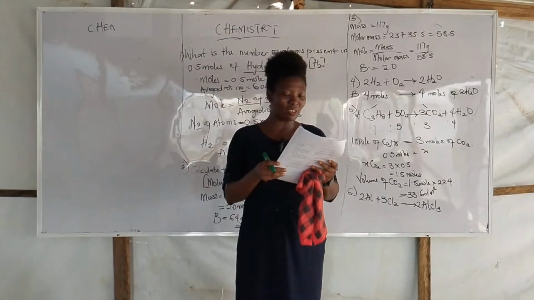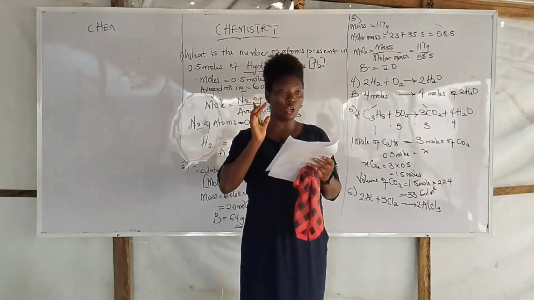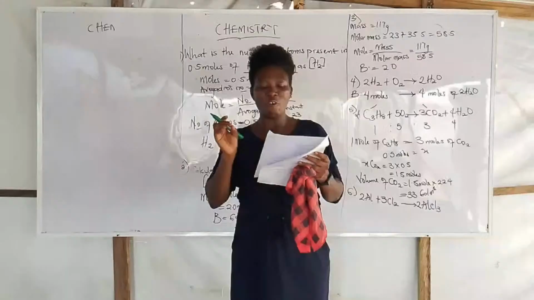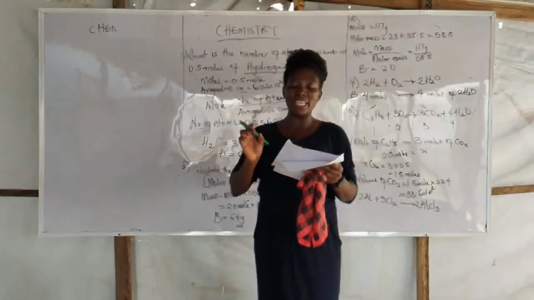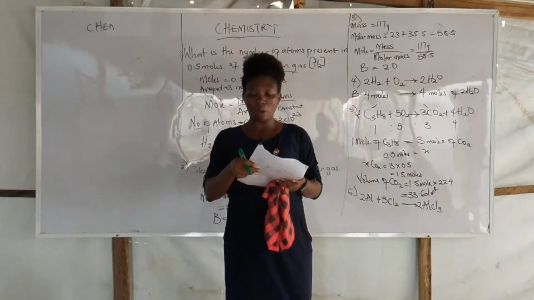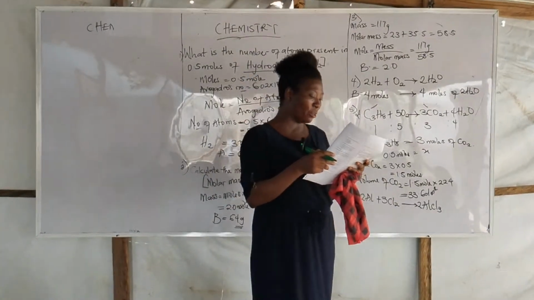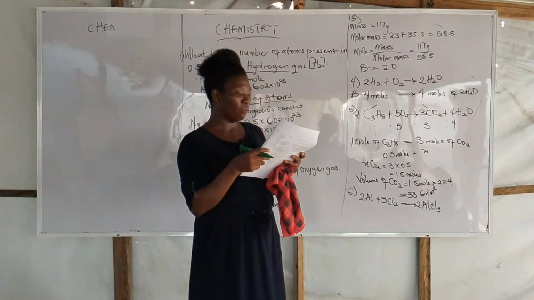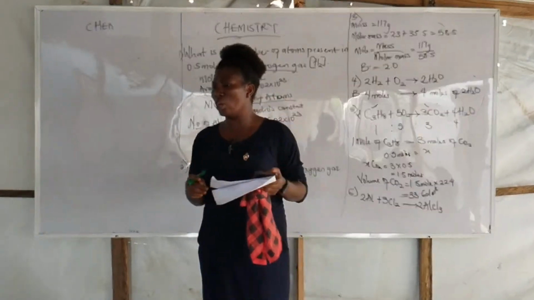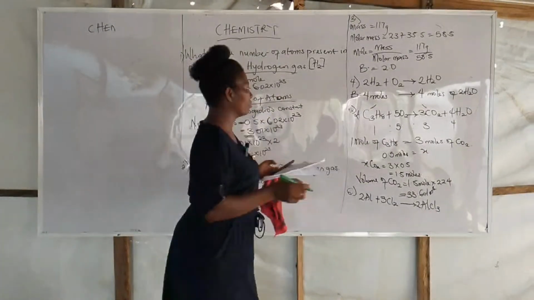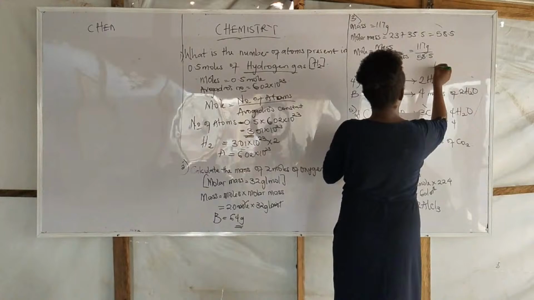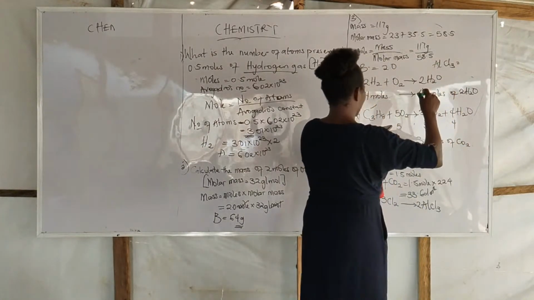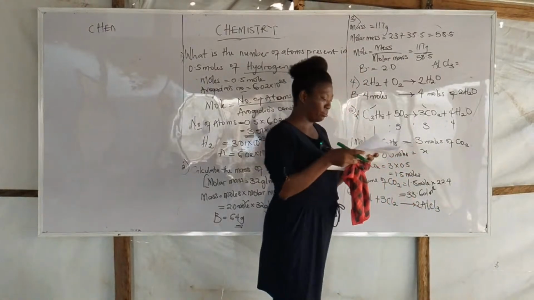So what is the question again? What is the mass of aluminium chloride formed when 5.4 gram of aluminium react completely, given that aluminium is 27, am I right? And chlorine is 35.5. What is the molar mass for aluminium chloride? Someone should solve that for me. For aluminium chloride, what is it going to give us?